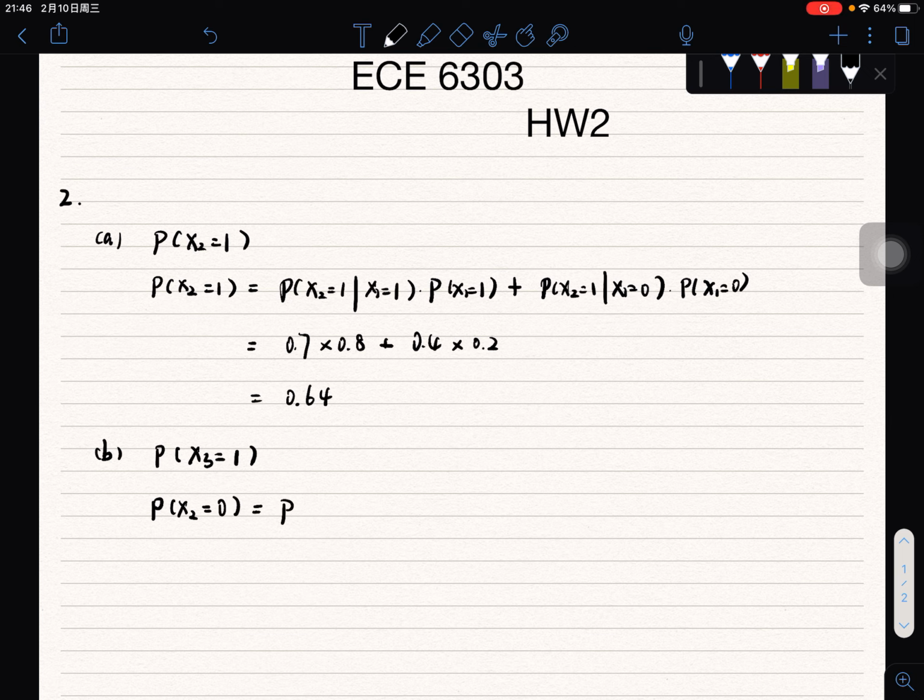It equals the probability of x2 equals 0 under the condition of x1 equals 1, then multiplied by the probability of x1 equals 1, plus the probability of x2 equals 0 under the condition x1 equals 0, and then multiplied by the probability of x1 equals 0.